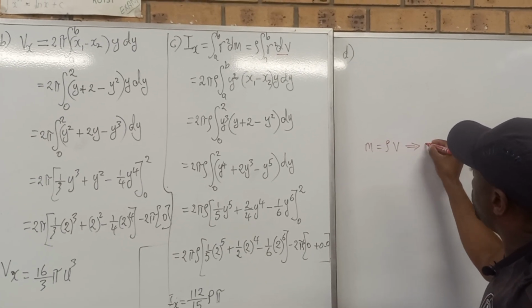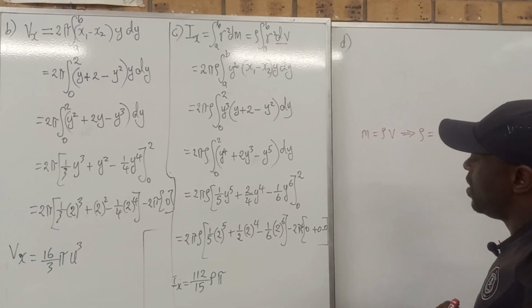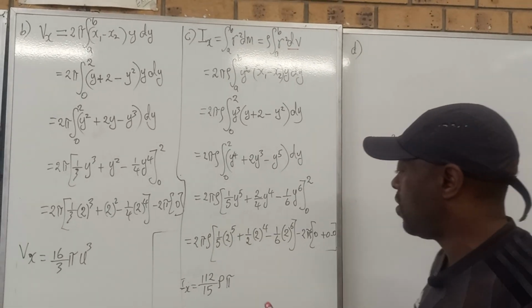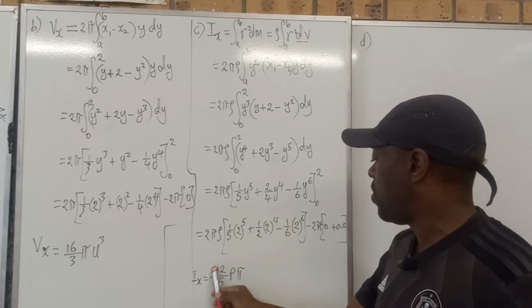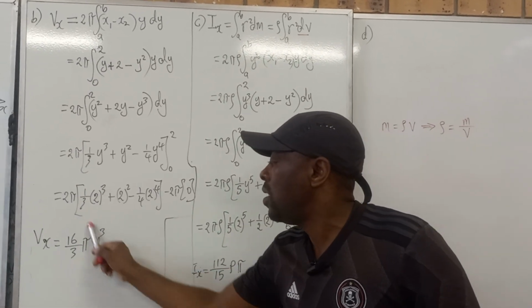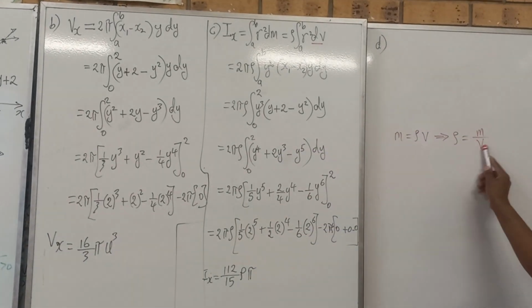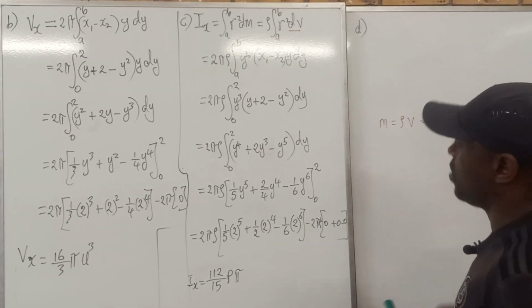If you make density the subject, you get mass over volume, reminding you that if you want to write this moment of inertia in terms of the mass, you simply take your moment of inertia, divide by the volume, then times the mass. So that's basically what we're going to do.